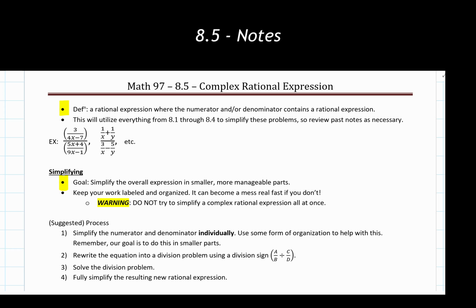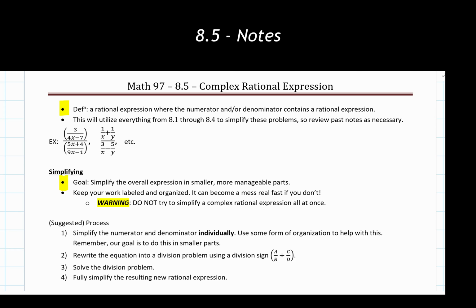My recommendation to you is that in the process of simplifying, we want to break this thing down into smaller, more manageable parts. As you can see with our two initial face value examples up here, these are not exactly clear and obvious, and I don't think they give any real hint as to exactly how to solve this thing right from the beginning.